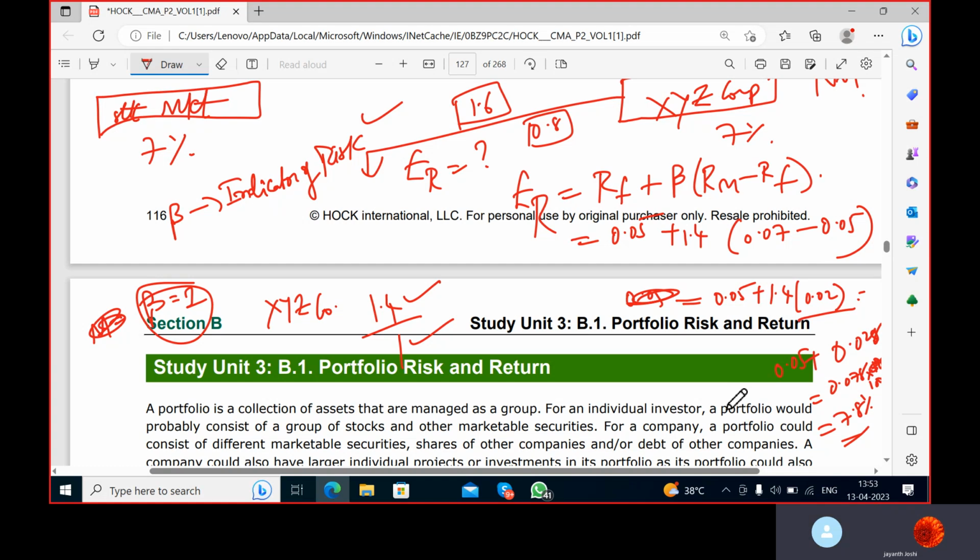How to wait? So need to get the calculator. Yeah, yeah, okay. One 1.6 and 0.8, right? Yeah. 1.6 is the beta. Sorry. 1.6 is the beta. Yeah, yeah, that's a beta. Yes, yes, yes.